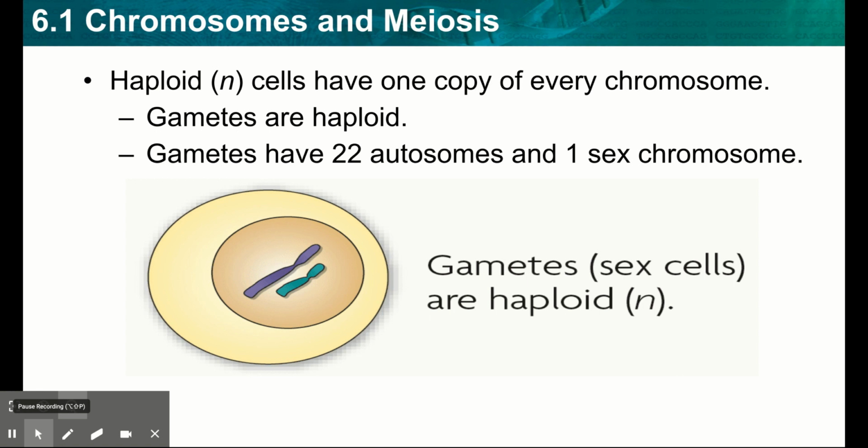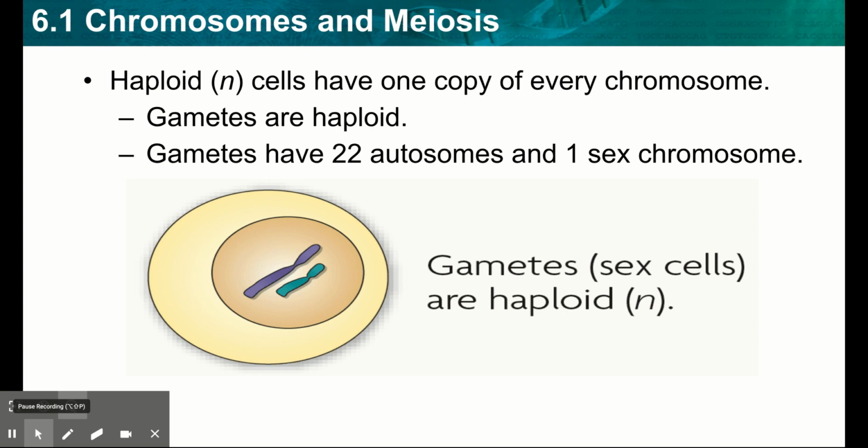Each human egg or sperm cell has 22 autosomes and 1 sex chromosome. In the egg, the sex chromosome is always going to be X. And in the sperm cell, the sex chromosome can be X or it can be Y.